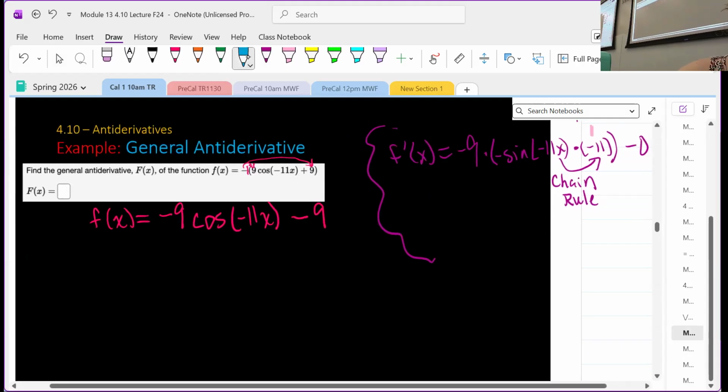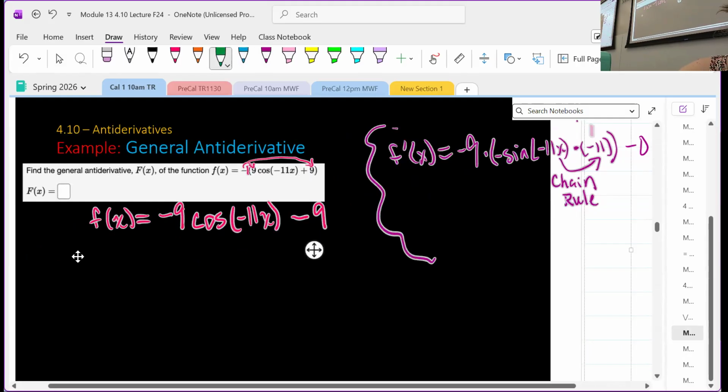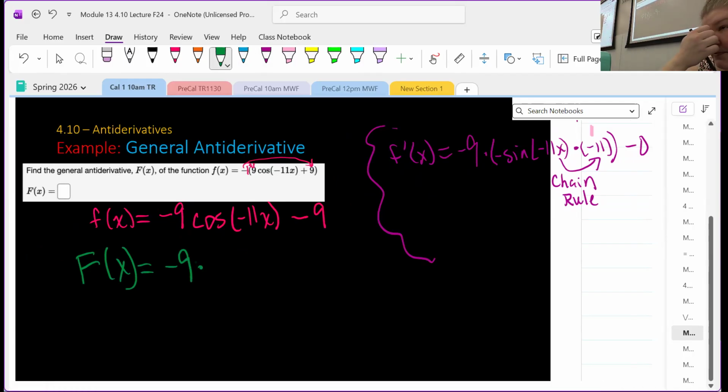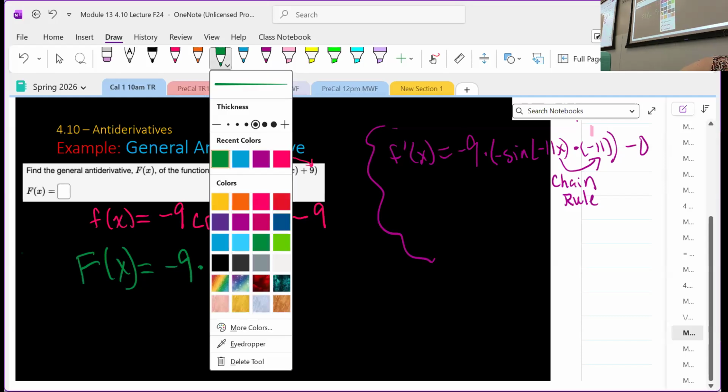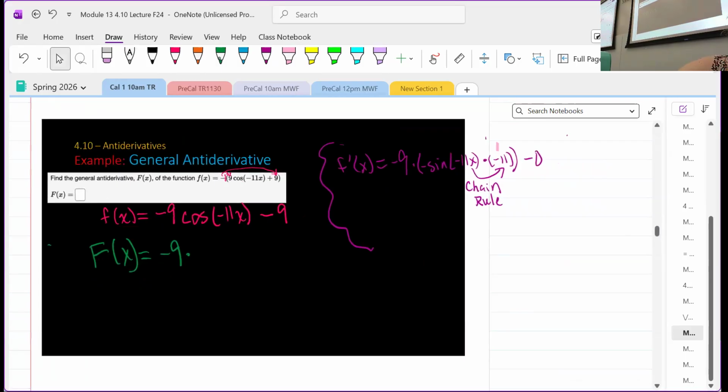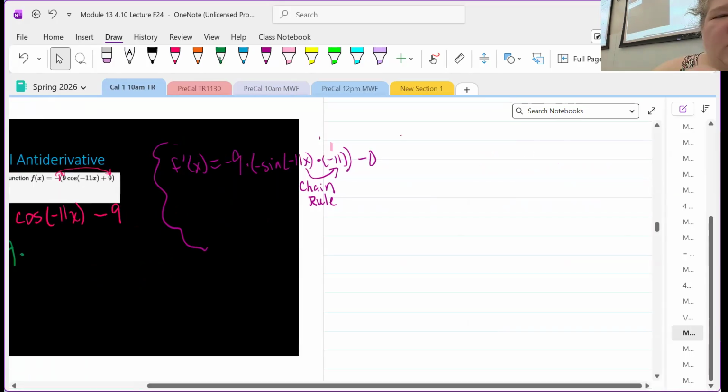All right, so when I come over here to start doing capital F of x, the antiderivative, the negative 9 is just going to carry through. The antiderivative of cosine. So now we've got to remember which way the derivatives go and which way the antiderivatives go. So let's sidebar that as well.